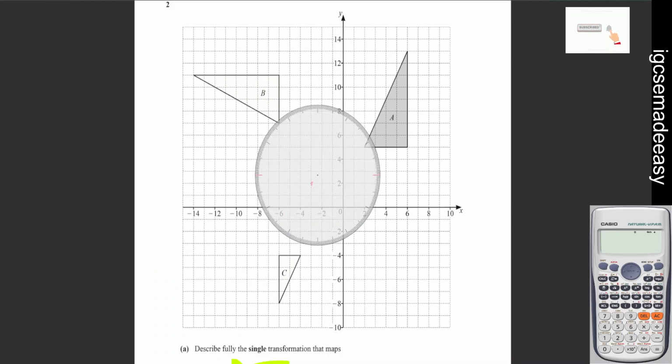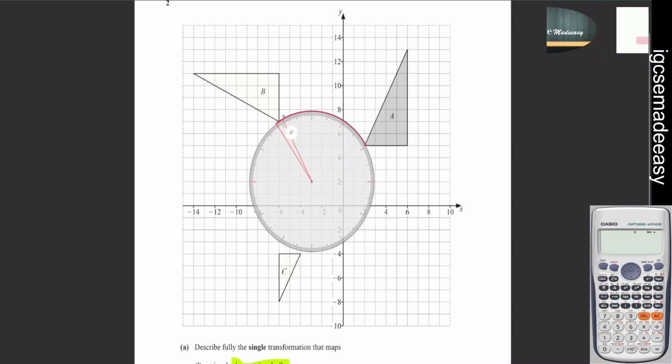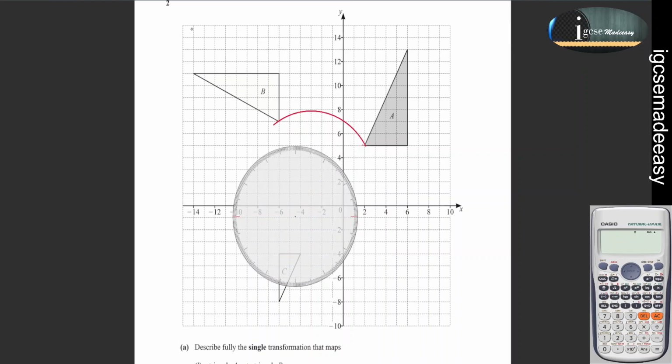Say this is a point I'm taking. It is actually a 90-degree rotation, and I'm trying to show you that. Wait, I'll just draw it again.